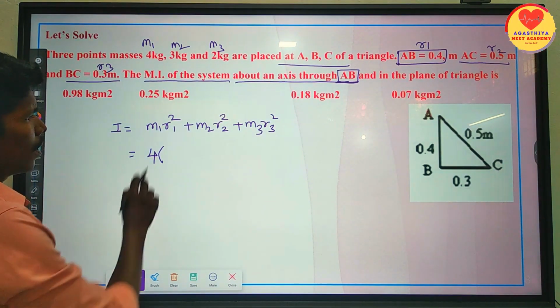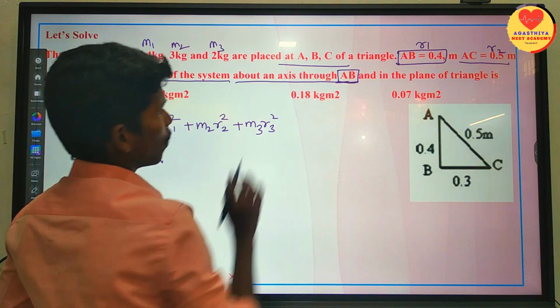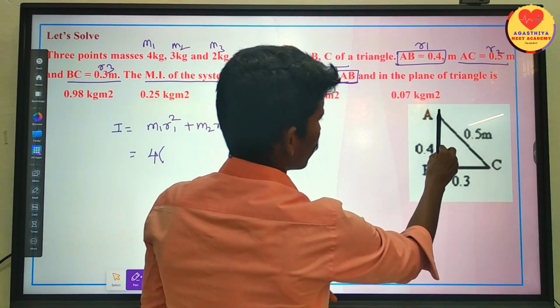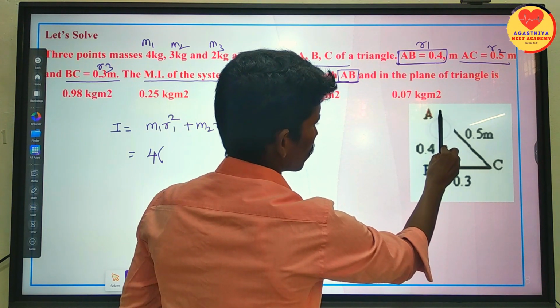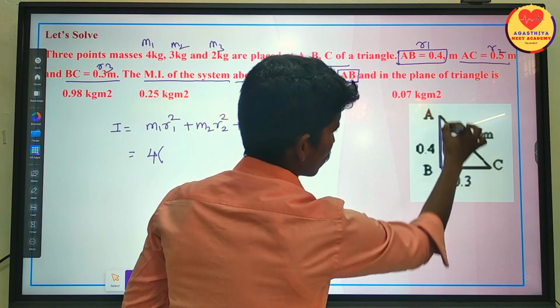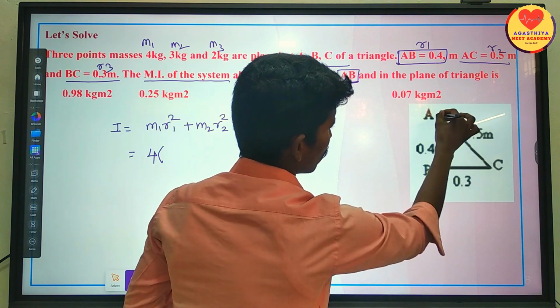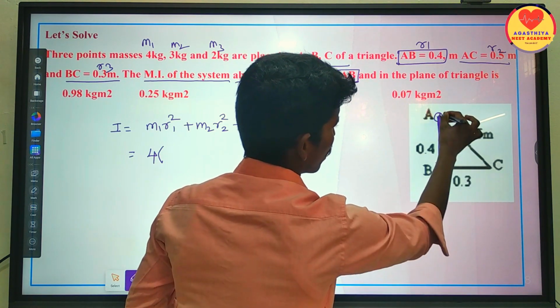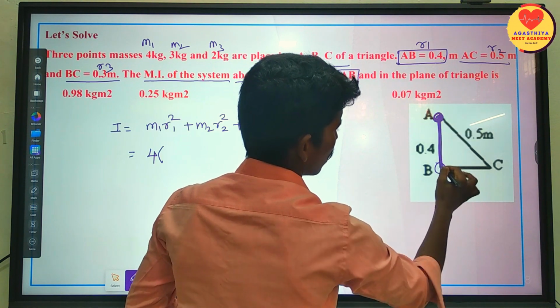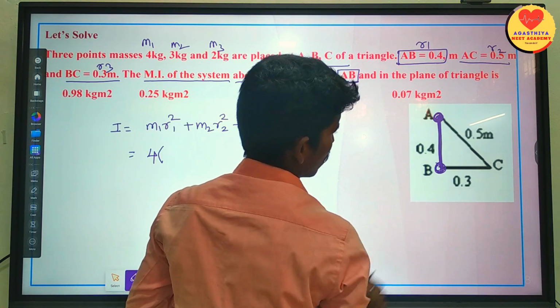Now, the axis is only passing through AB. This is the axis. Here, these two masses have no perpendicular distance.